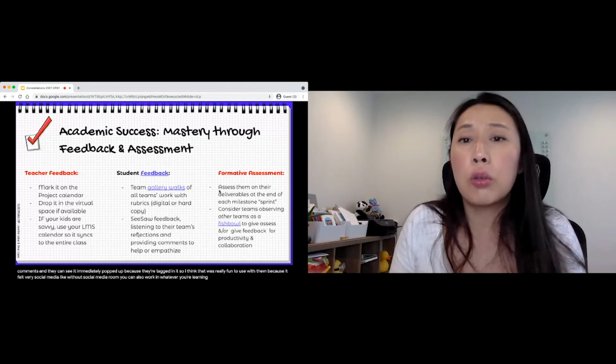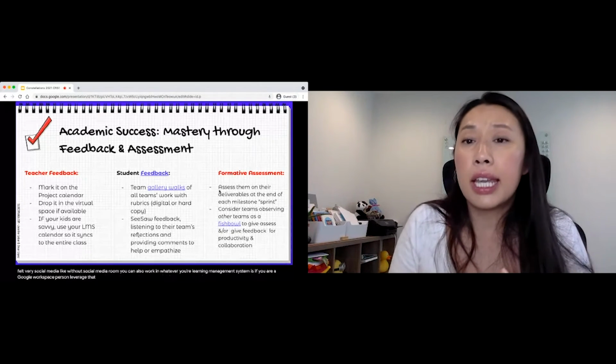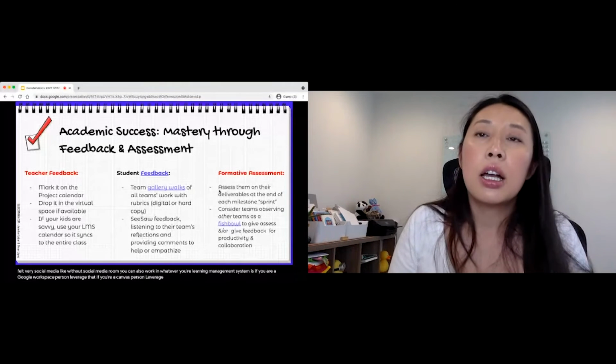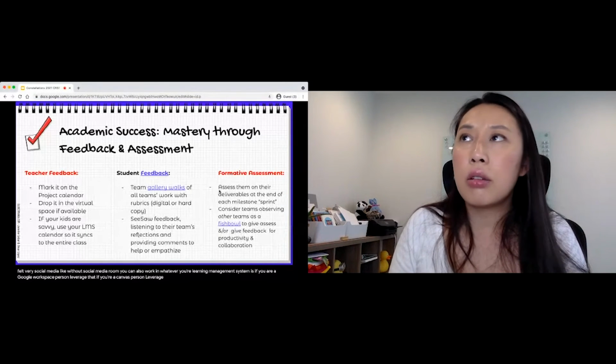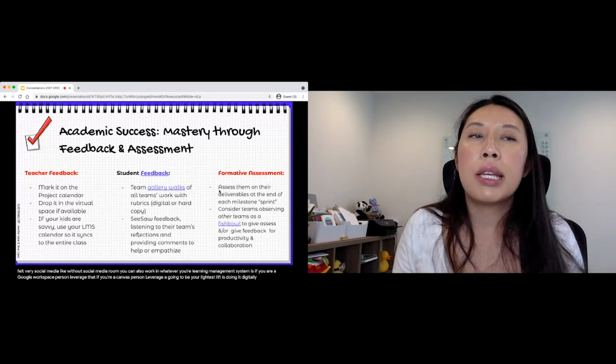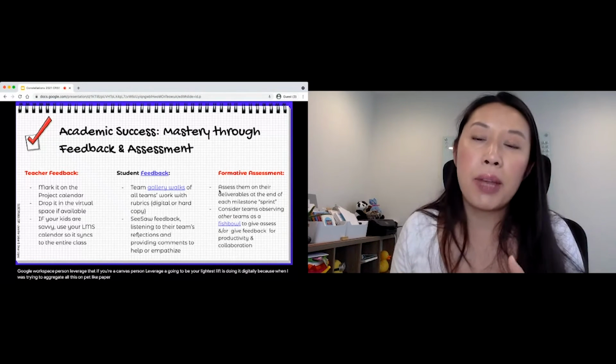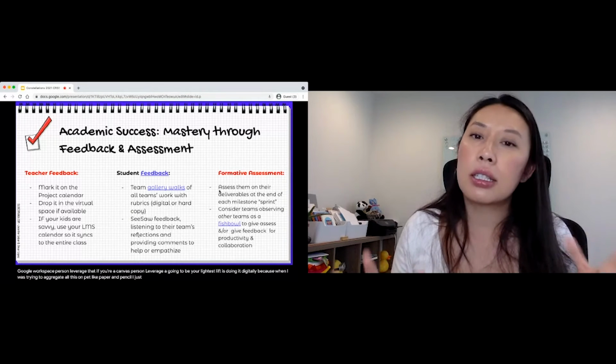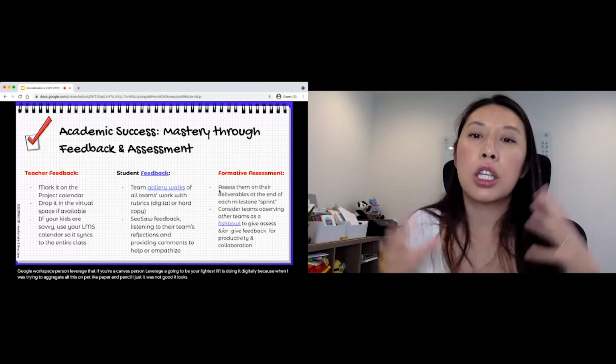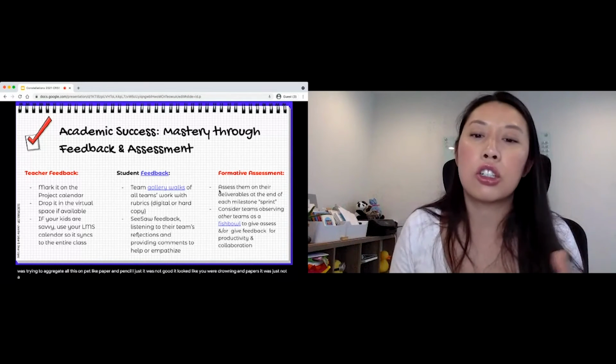If you are a Google Workspace person, leverage that. If you're a Canvas person, leverage that. I think that's going to be your lightest lift, doing it digitally, because when I was trying to aggregate all this on paper and pencil, it was not good. It looked like you were drowning in papers. It was just not a good choice.